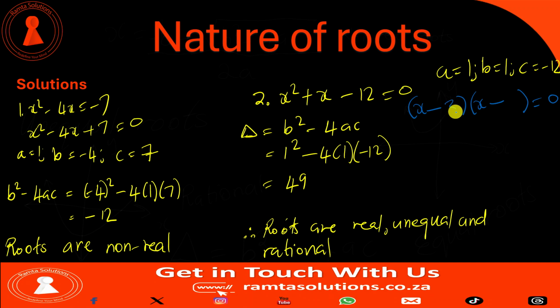I will work with 3, 4. But the constant is negative. It means the bigger one must take the sign of the middle term, which is positive. So the bigger one must be positive. Indeed, x equals 3 or x equals negative 4. Do you see this? These are unequal roots and they are rational. And this is how you determine the nature of roots.